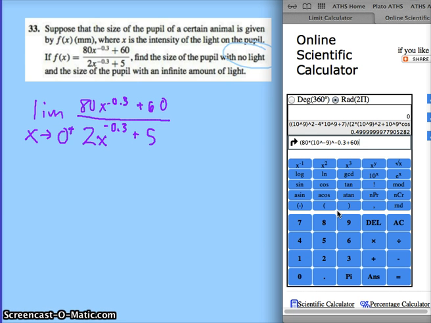That's my numerator, close brackets, divide by, open brackets, 2 times, same thing, 10 raised to the negative ninth, raised to the negative 0.3 plus 5, close brackets. And I get something like 39.86. All right.